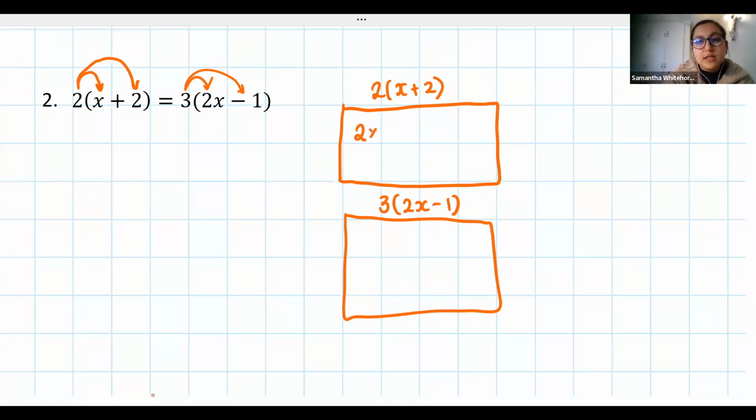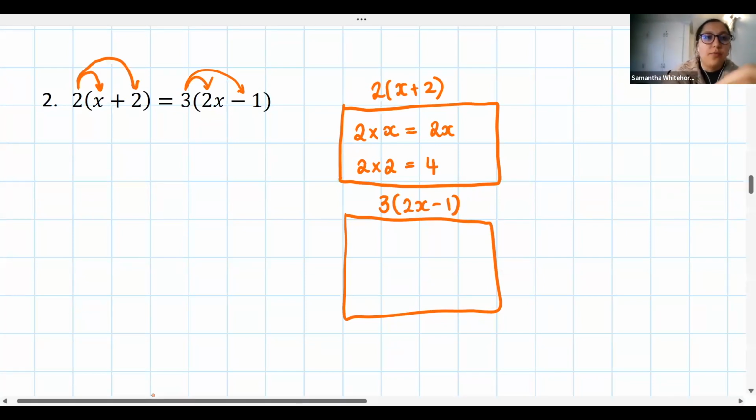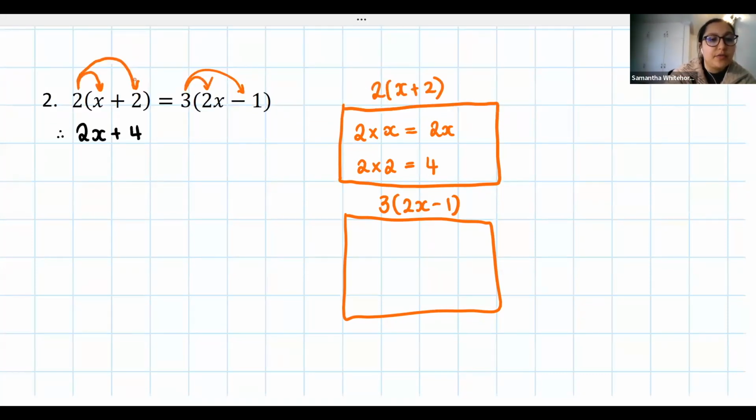So firstly, I need to multiply the 2 with the x and the 2 with the 2 on the left-hand side. Now we've done something very similar. 2 times x is 2x, and 2 times positive 2 is positive 4. So on the left-hand side, I have simplified this to 2x plus 4.